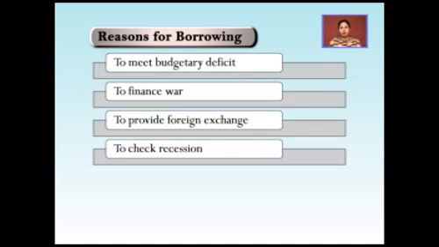In this case, the government borrows from various sources so that it can encourage private consumers to consume more, and side by side encourage investors to invest more in various projects, so that the economy can come out of the recession.